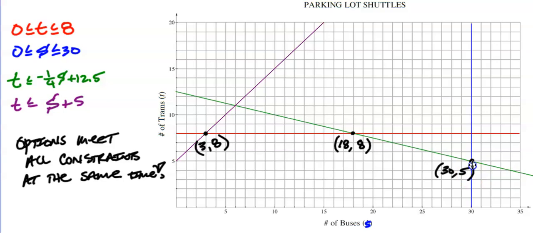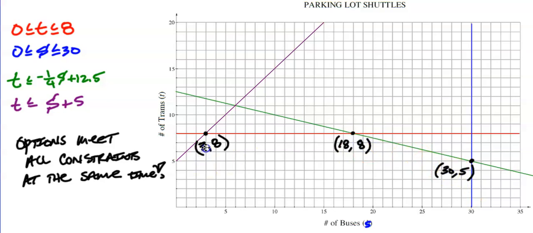So those are the points that will maximize everything because we're maxing out our staffing and our shuttles, and it's still to the left of this, but we're not maxing out our shuttles. We're maxing out our trams.